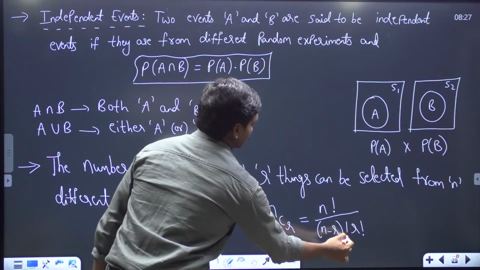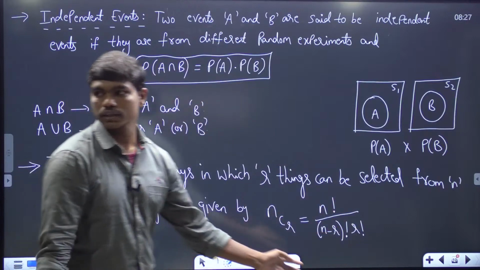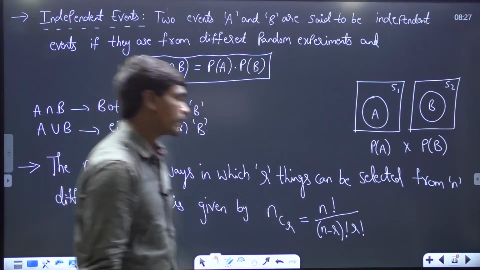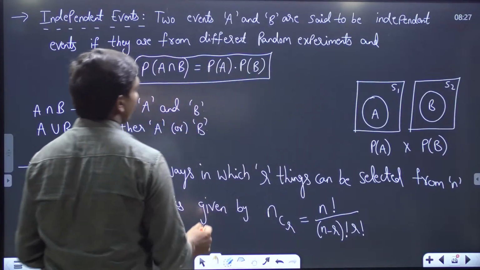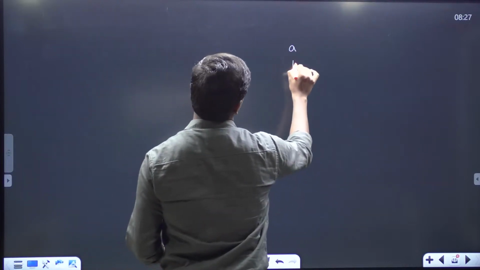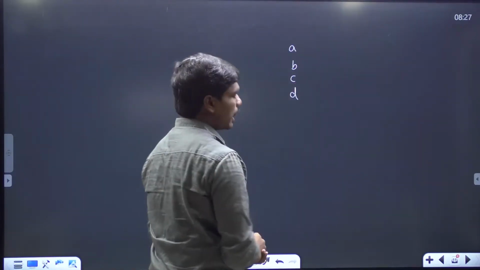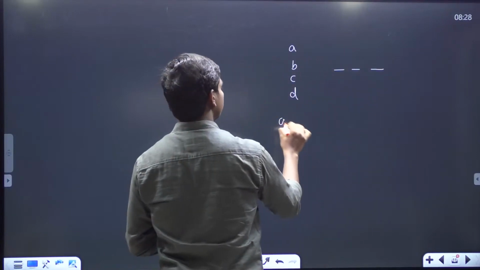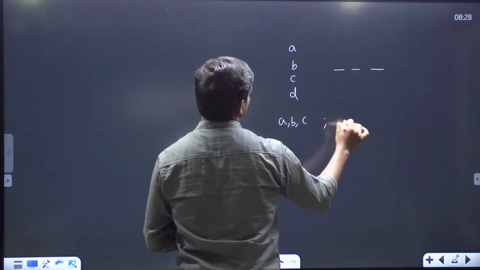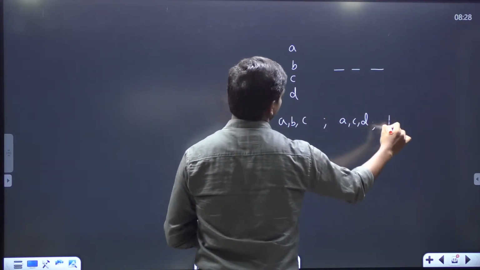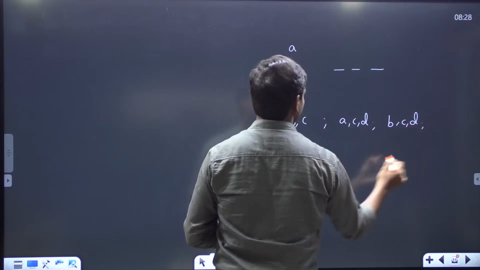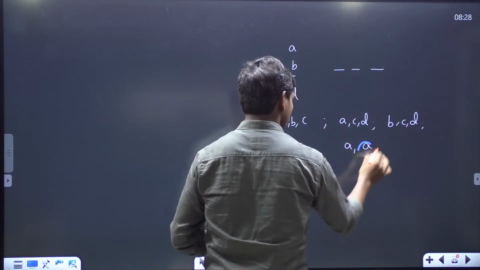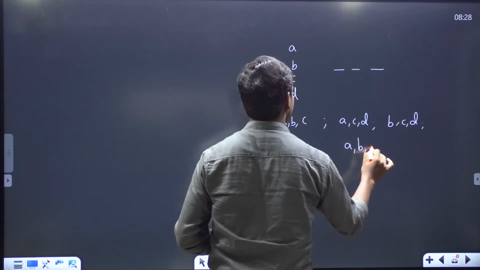Okay, you know what are factorials? So if you calculate this formula, this is the number of ways in which you can select r things from these n things. See, for example, if I have 4 things a, b, c, d, and I want to select 3 things at a time, out of these 4 I can select a, b, c, then a, c, d, then b, c, d, and also a, b, d.